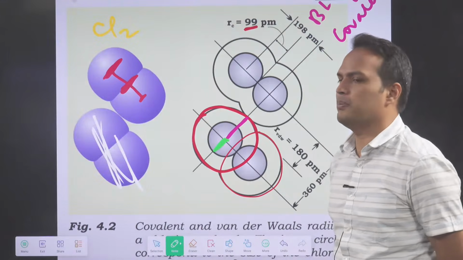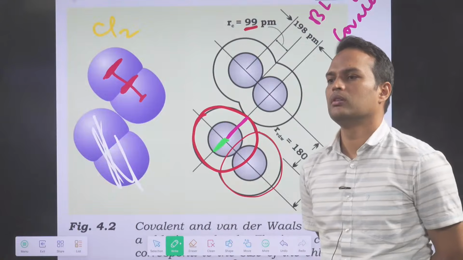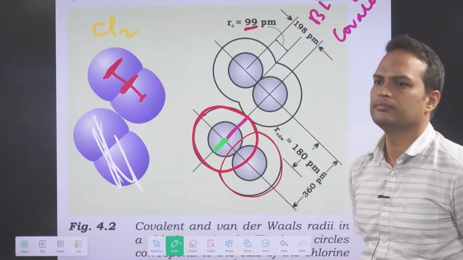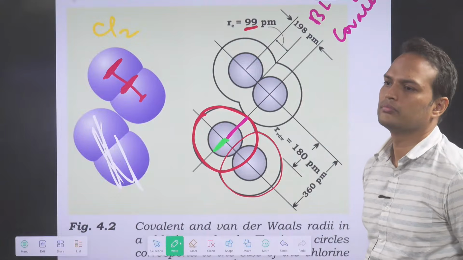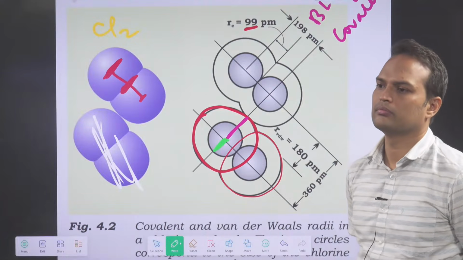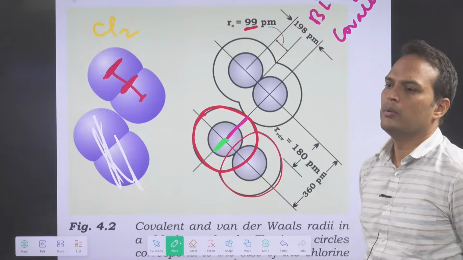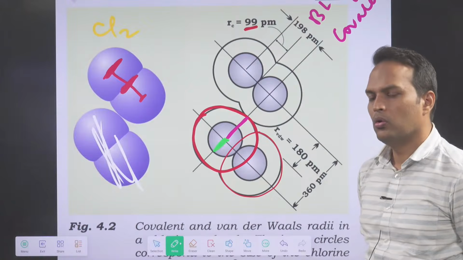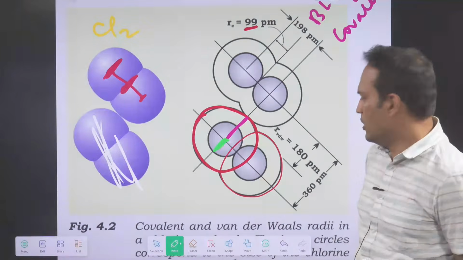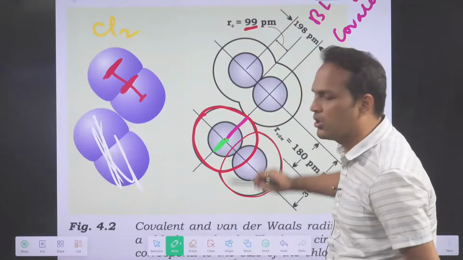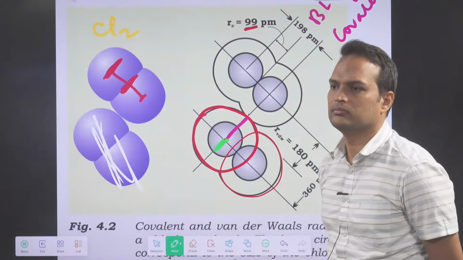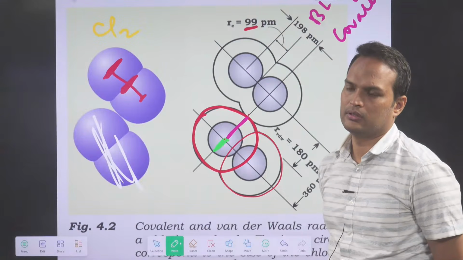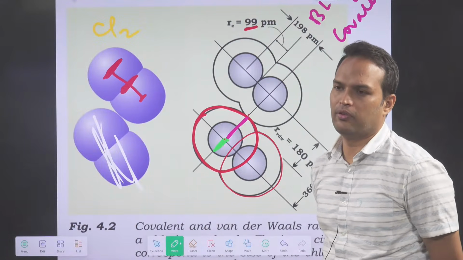What is pink color representing? Pink color represents the overall atom size from the nucleus till the valence shell, in non-bonded form.